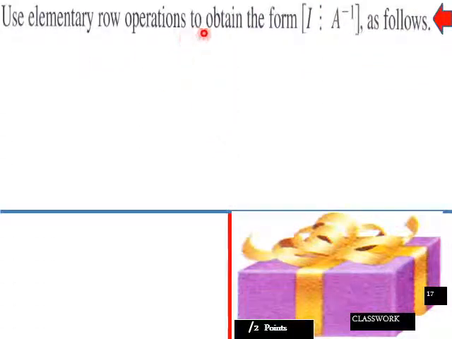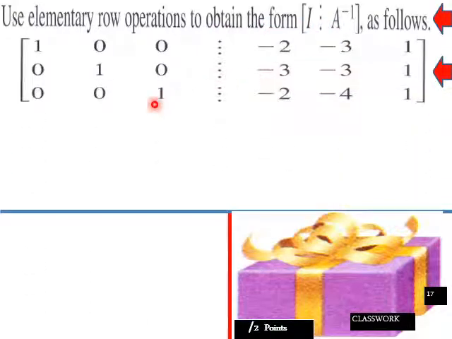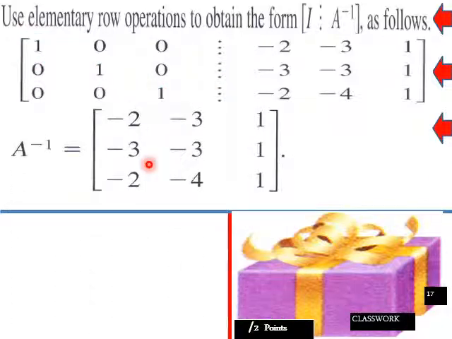Use elementary row operations to obtain the form I, therefore inverse A as follows. So here is our transformation of our identity matrix after we turned our A into an identity matrix. Once we have that, the inverse of A equals this.